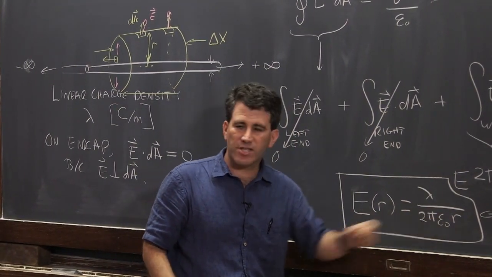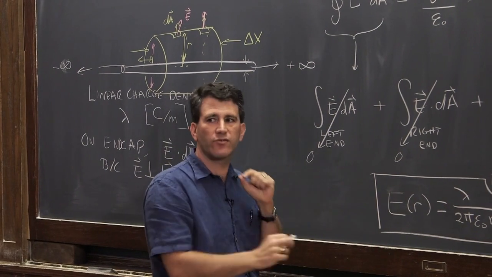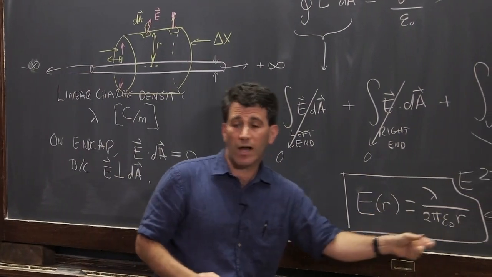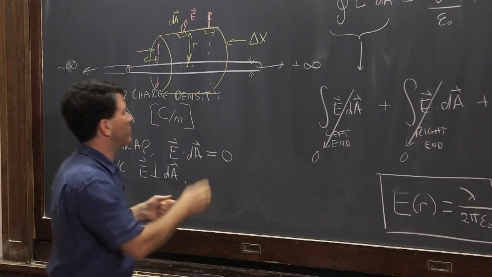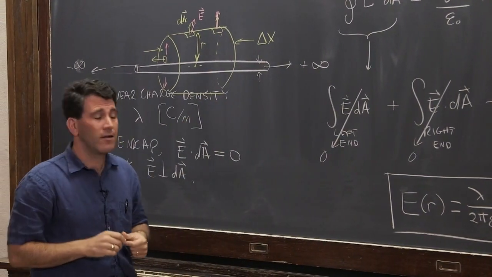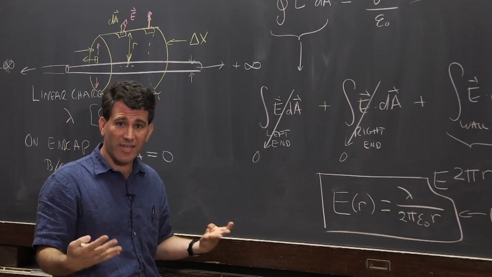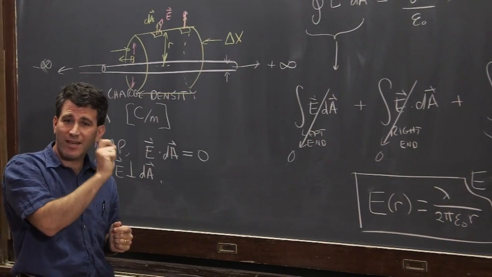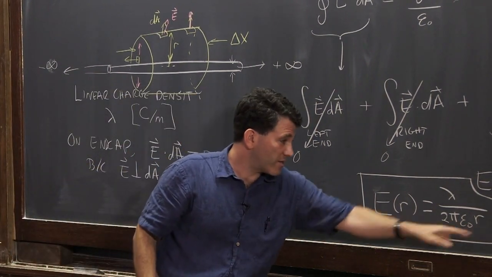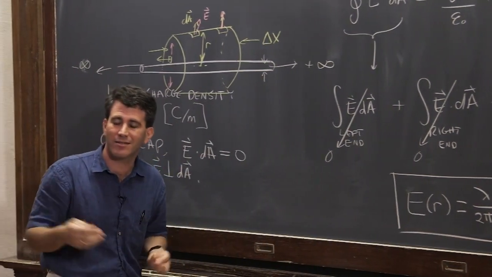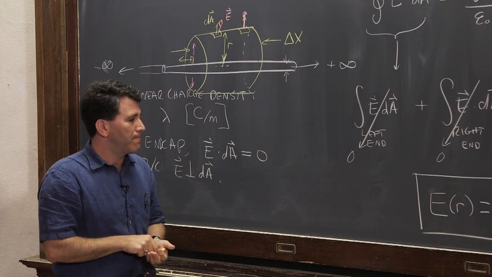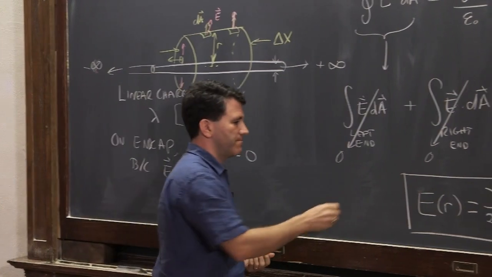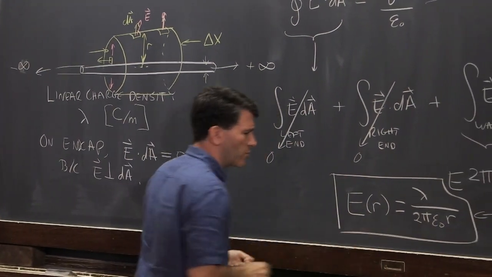Now, in a real system, if I actually had a true line of uniformly charged wire or something like that, this expression would obviously no longer apply once I tried to go inside my wire. But for the mathematical idealization that we like to deal with, where my line of charge is infinitesimally tiny, this works. And what you see is that the electric field actually would blow up if you got to the axis. So that's it. I think this is the main result we wanted to arrive at.